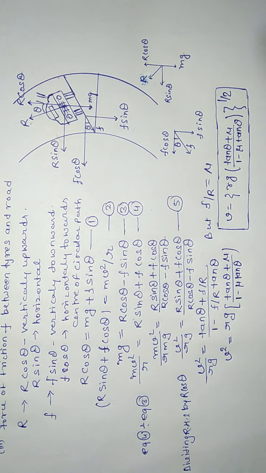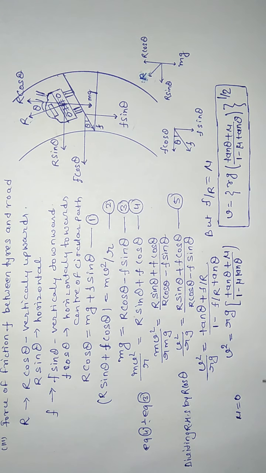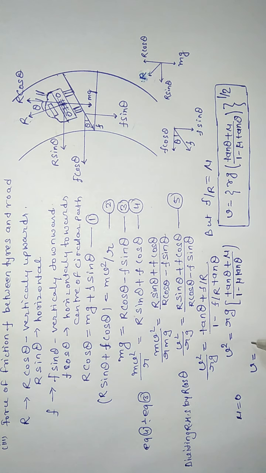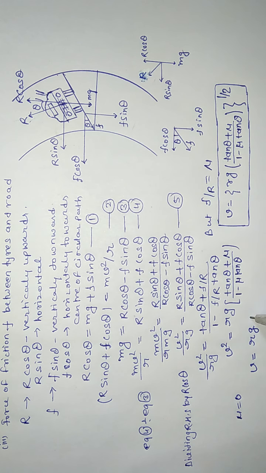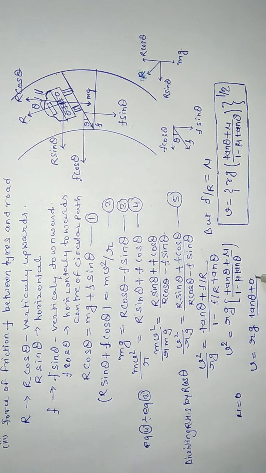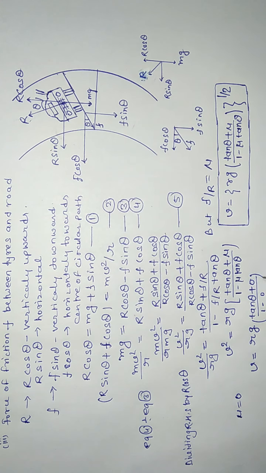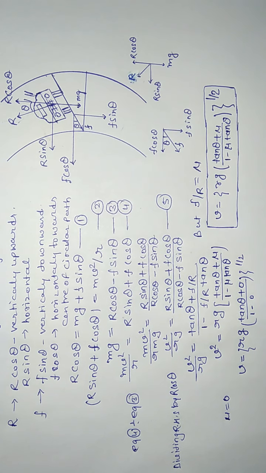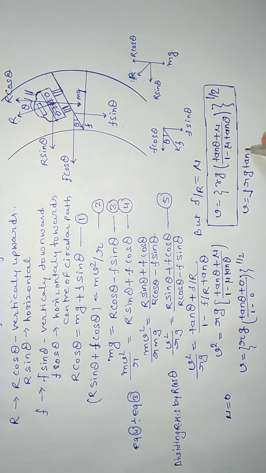If we are not taking friction in the motion, then mu will be 0, and in this situation the equation will reduce to v is equal to [rg (tan theta plus 0) upon (1 minus 0)] to the power half, or v is equal to under root rg tan theta.